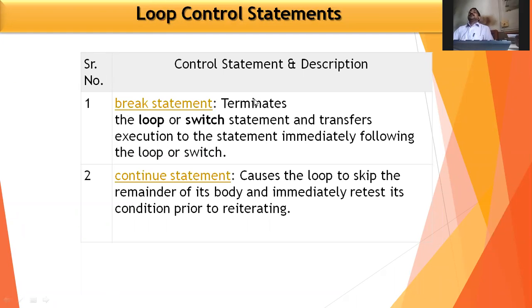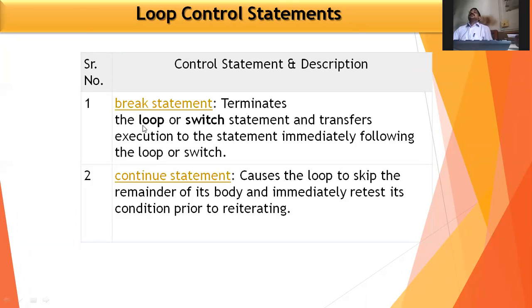First is the break statement, which will terminate the loop or switch statement and transfer execution to the statement immediately following the loop or switch. So we can use the break statement for breaking out of switch statements or loop statements.